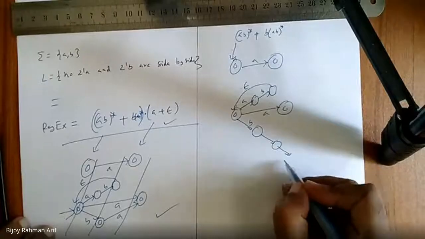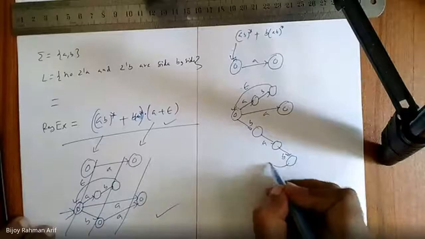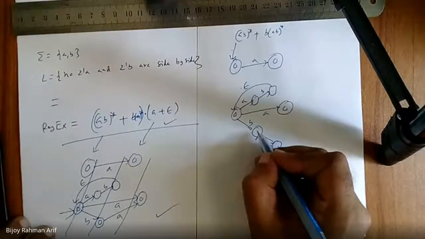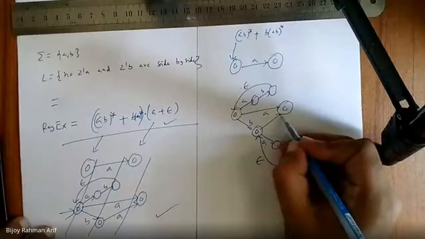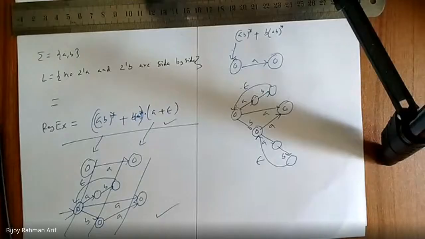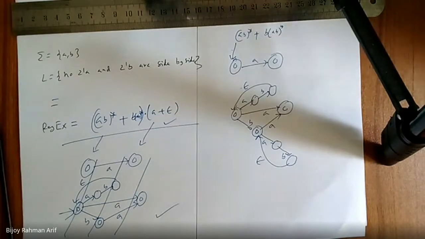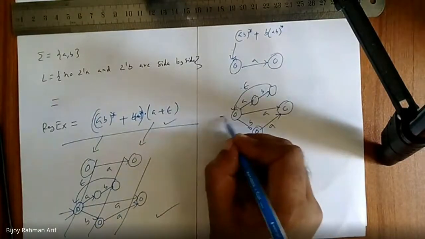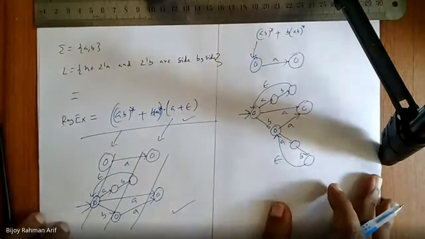B. Then I'm going to A, going to B, and this B coming back is epsilon. This is also final. So A, what it is, like this. That's it. This is the characters. So we are done.